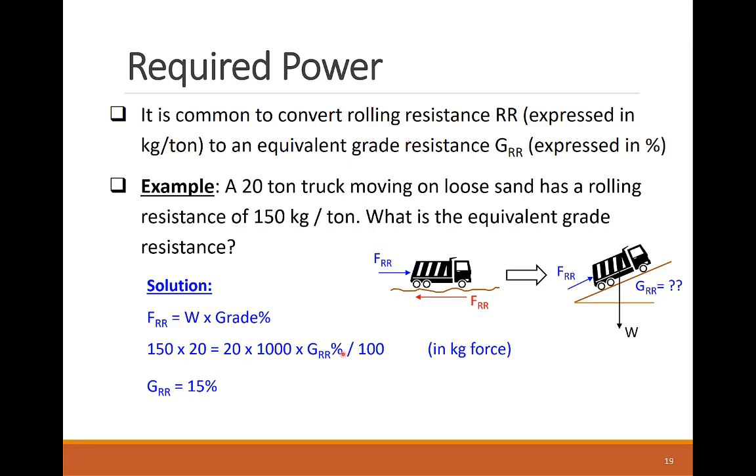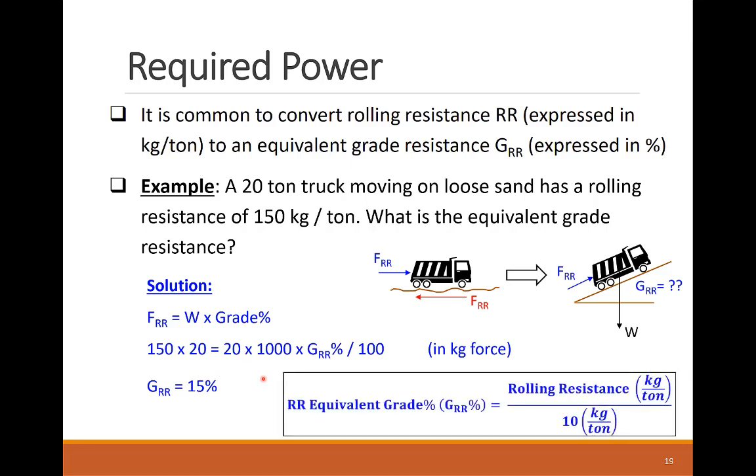So we solve this equation to find that having a rolling resistance rate of 150 kilogram per ton is equivalent to driving uphill a 15% grade. So we can generalize a formula for calculating the equivalent rolling resistance grade percentage using the shown formula, so we don't have to set up and solve this equilibrium problem for every equipment in every project.